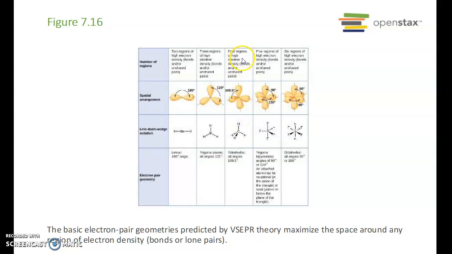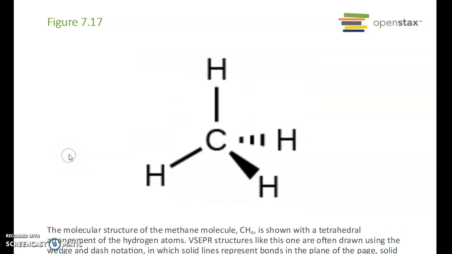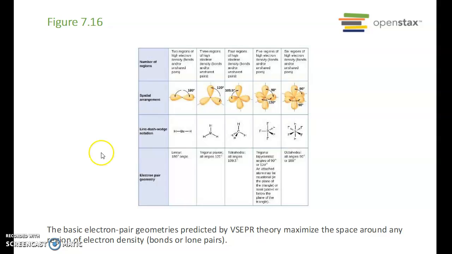You've got 4 regions of high electron density for these. These have 3 regions of electron density. This would be for a boron compound, and these would only have 2. This is for beryllium, or for some other instances where we have a double bond. Now, one thing I do want to point out, this is called the VSEPR theory, okay?